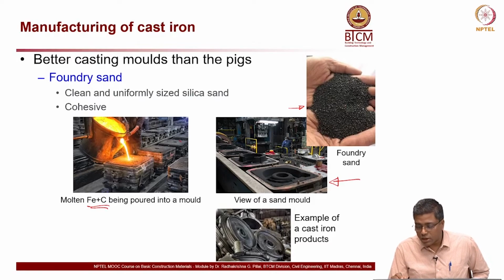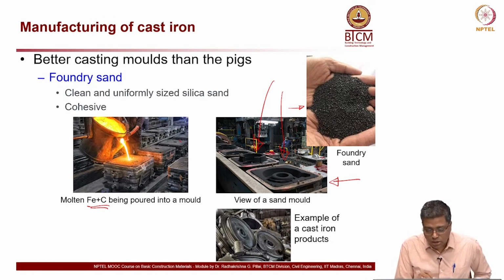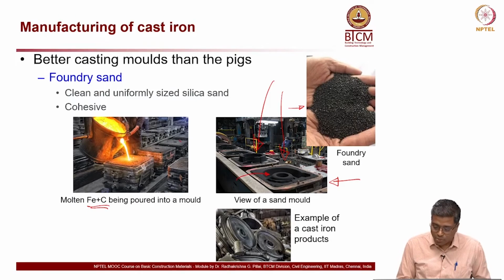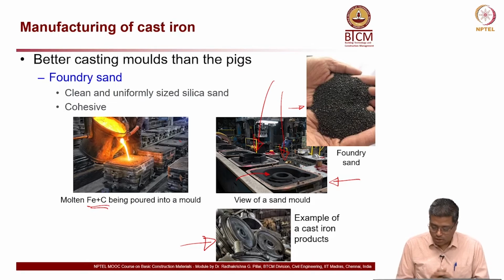So, this is typically how the foundry sand looks. You can see here there are some casts or shapes of foundry sand, and then the molten material is poured into this place here, and it flows and then makes the shape. And this is an example, on the bottom, of something which looks like a wheel shape or whatever machinery parts.